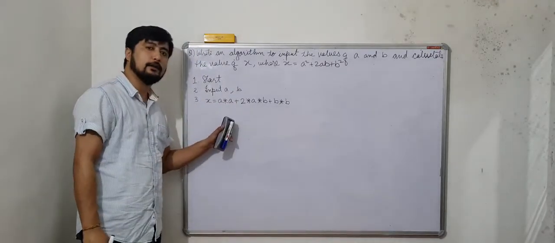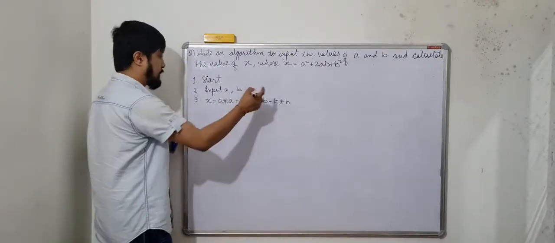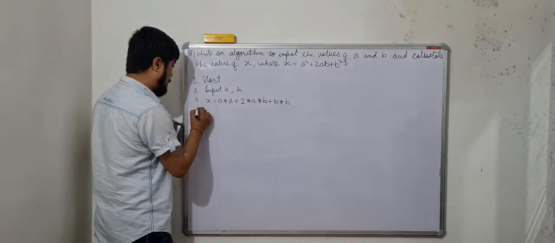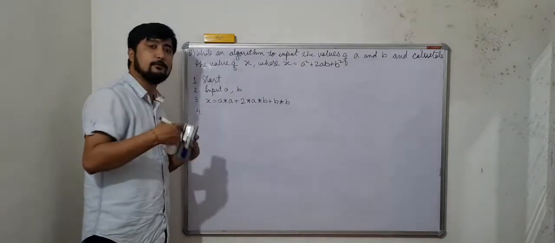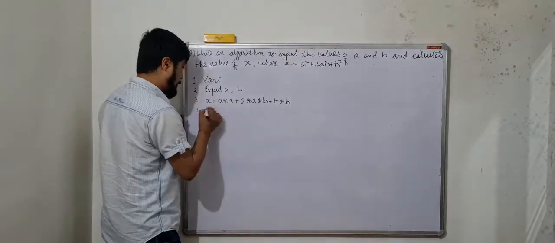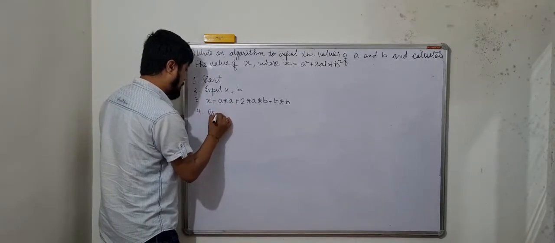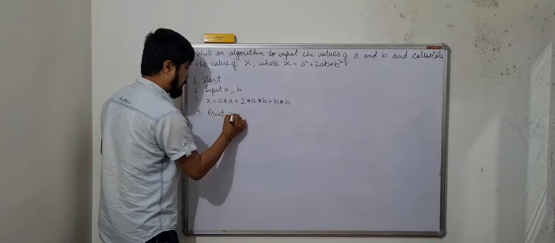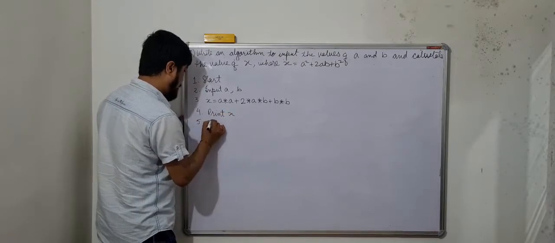This is how we write the formula for calculation. And then after calculating, the next step is to display. For display we write print x, and then stop.